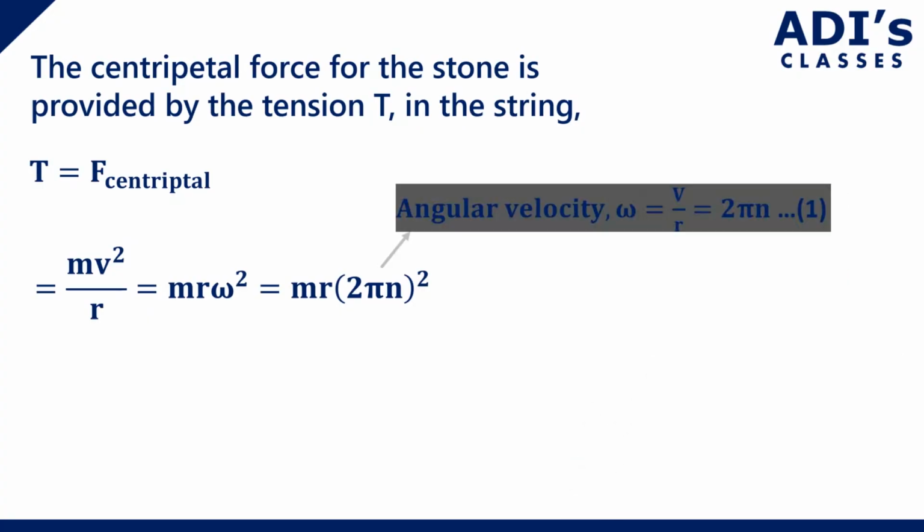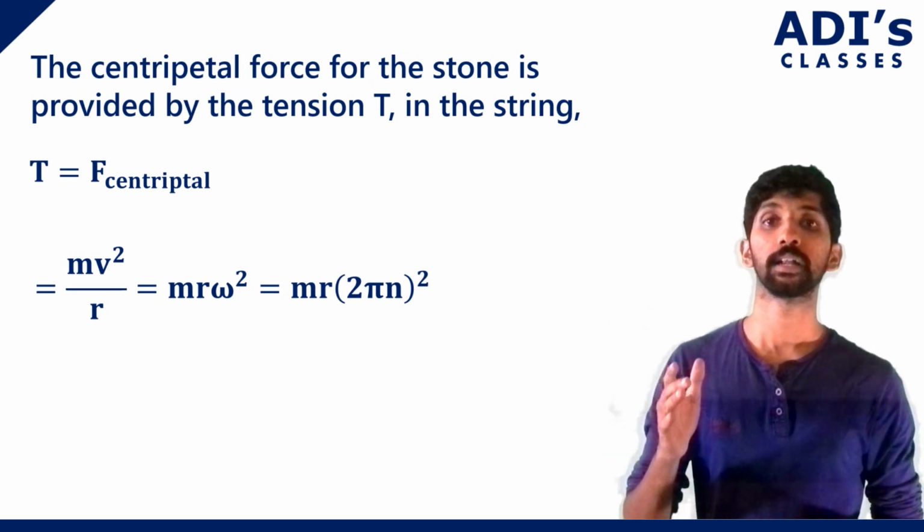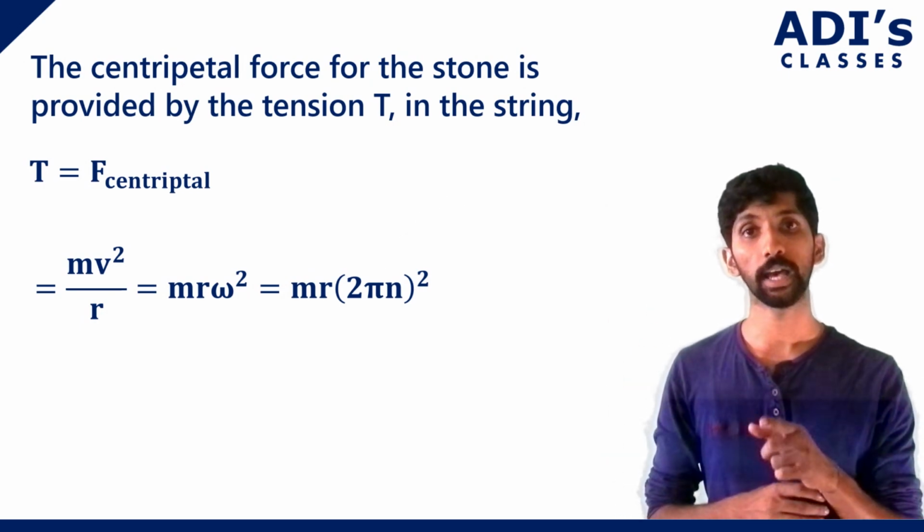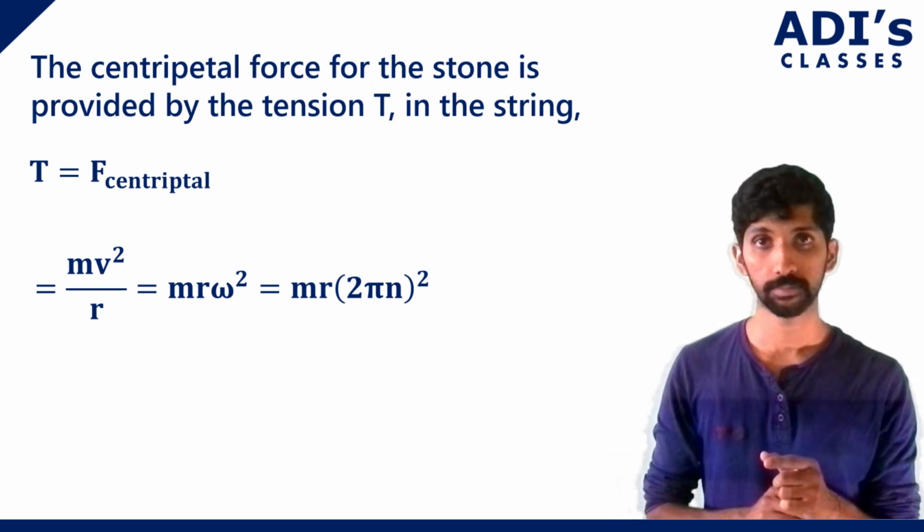Now, what was omega from equation 1? We can write this as 2 pi n. So substitute that here, and we get m r into (2 pi n) whole square.